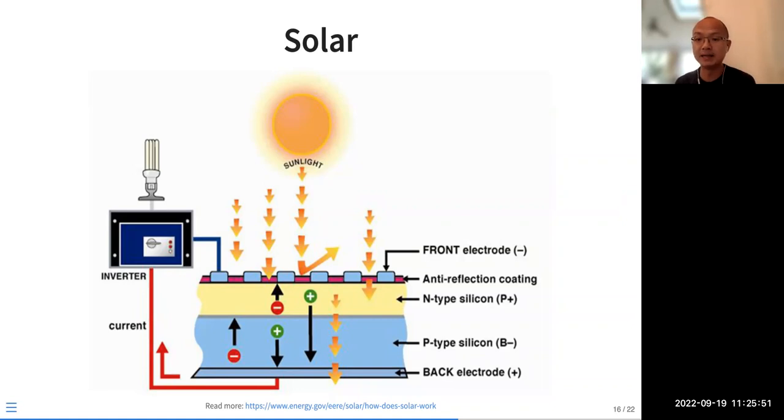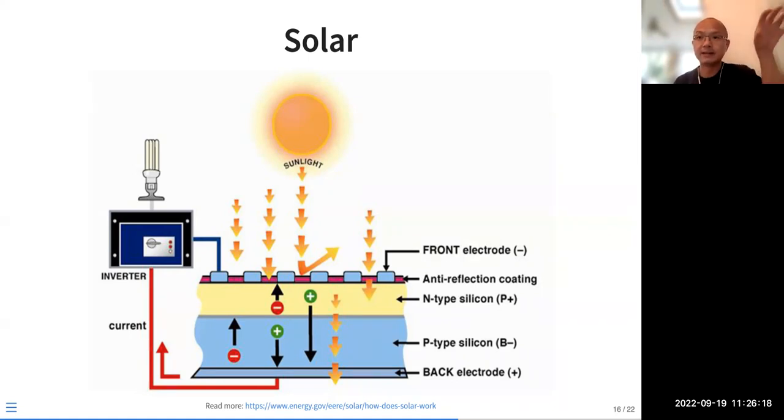When silicon is combined with different materials, for example phosphorus or boron, it can create P-type or N-type silicon that has a free electron or a free hole that can attract an electron.